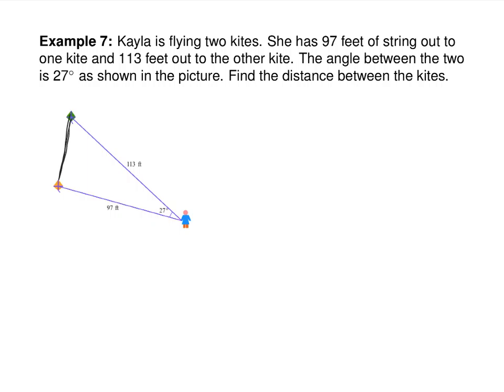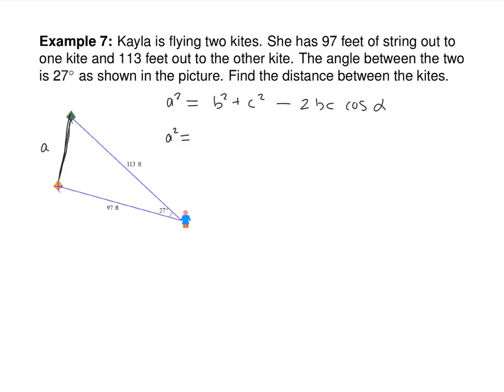Give it your favorite letter. Maybe A, B, or C. A. Do you see how then we can use the law of cosines to figure it out? You'd have A squared equals B squared plus C squared minus 2BC cosine of alpha, and you've got everything you need.